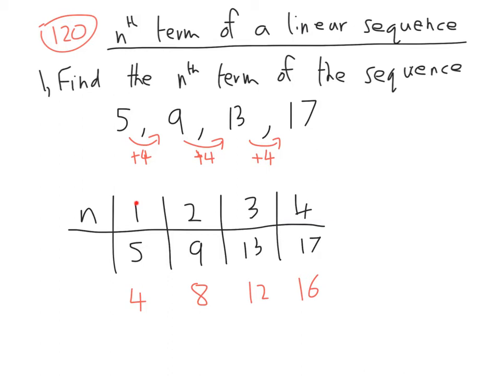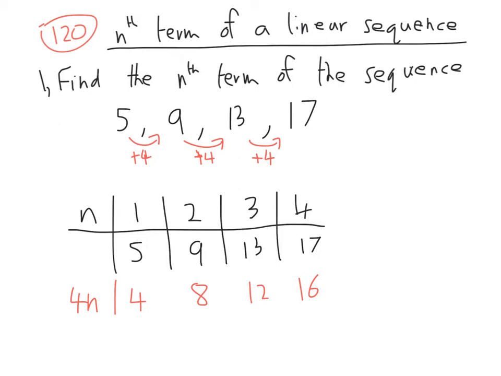So if n is 1, the first answer is 4. So that's 4 times 1. 2 times 4 is 8. 3 times 4 is 12. 4 times 4 is 16. So what I'm saying there is that the 4 times tables can be described in algebra as 4n. If n is 1, 2, 3, 4, 4n would be 4, 8, 12, 16.